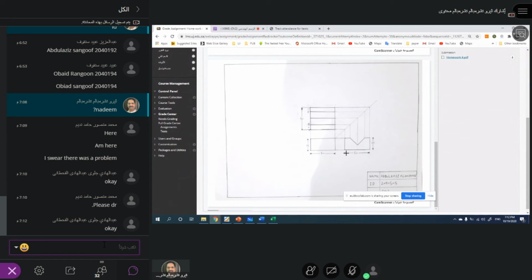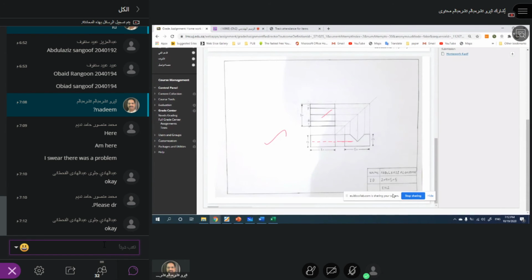The only thing here, Abdul Hadi, very nice. You can see from the top. The only thing is this surface you cannot see, so you should draw a hidden line. Okay, the hidden line should be there. Otherwise, you're okay. You are very good, except next time I will check your nameplate.